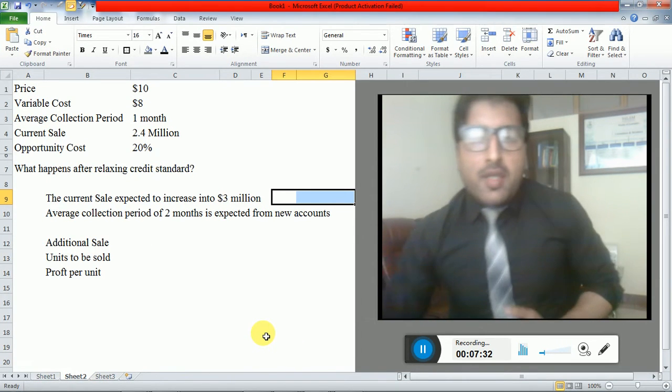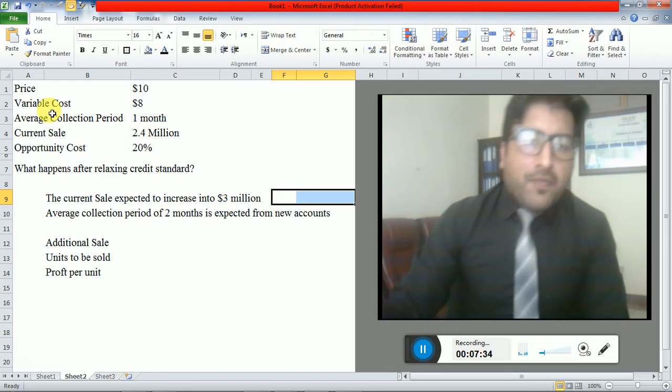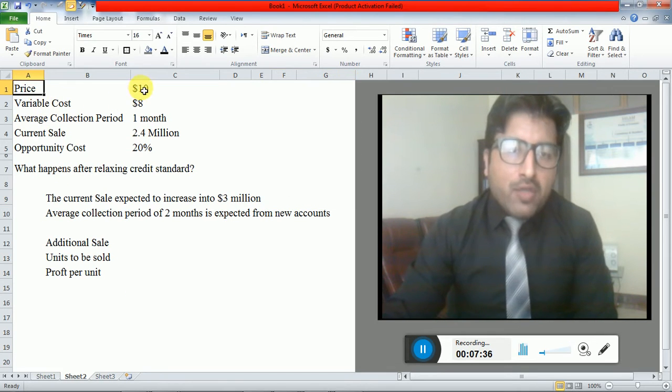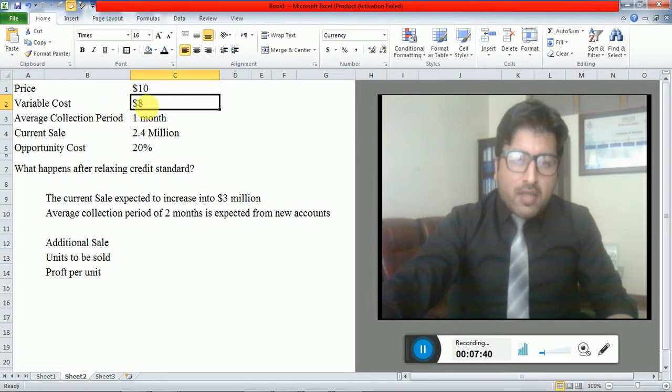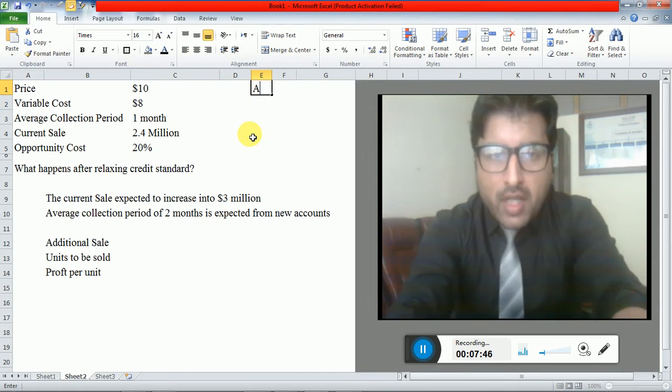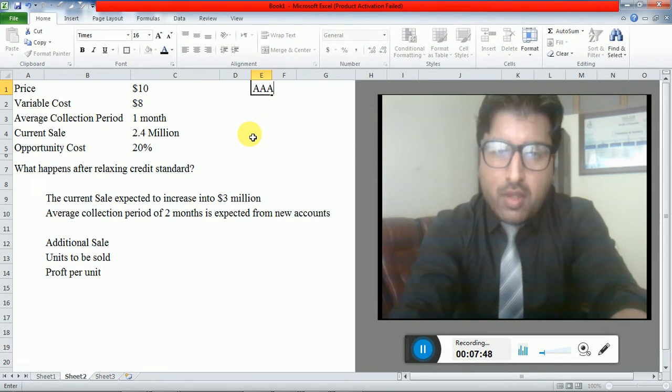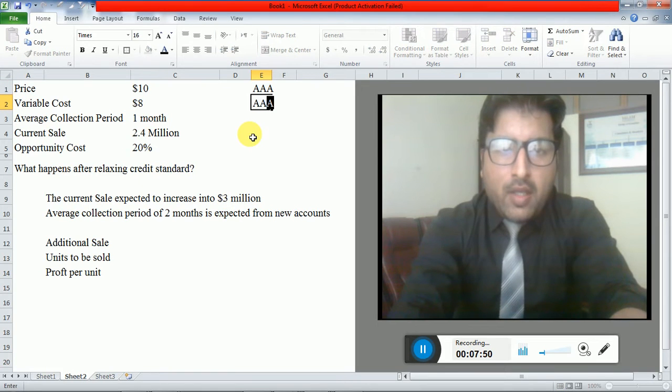Dear students, look here. The price of the Basket Wonder product is $10. Okay, the variable cost is $8. And what is the purpose here? For example, the credit rating is AAA, and then 2A, and then 1A.